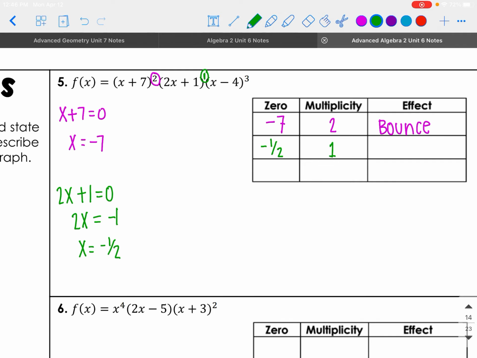So the multiplicity is 1, and that's an odd number, so it's going to cross. Then we have x minus 4 equals 0. Adding 4 gives us x equals 4. The 3 exponent, that's my multiplicity. And because the multiplicity is an odd number, it's going to cross.